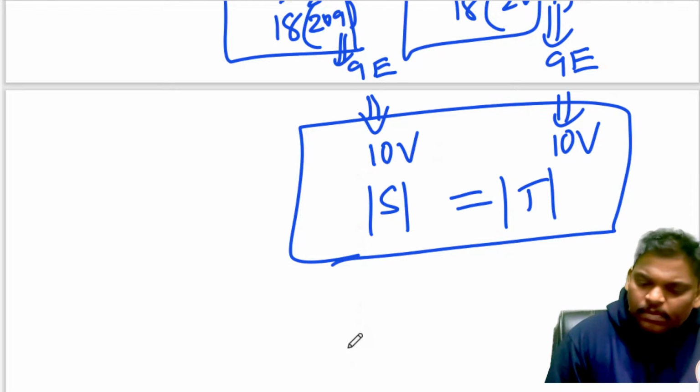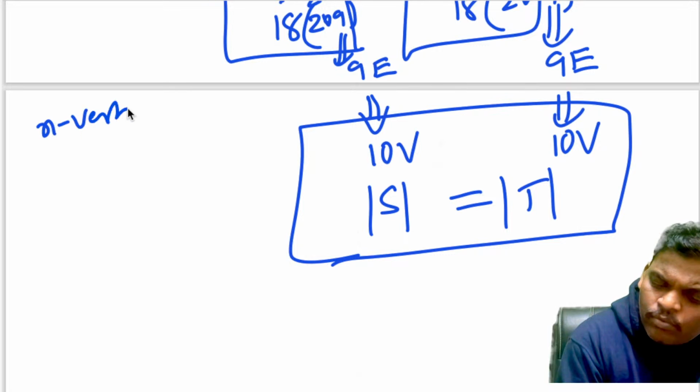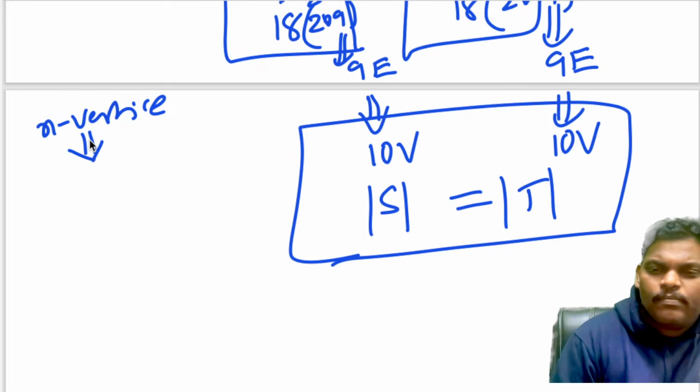Aman is asking something, everyone listen. N vertices are there, a spanning tree contains how many edges?